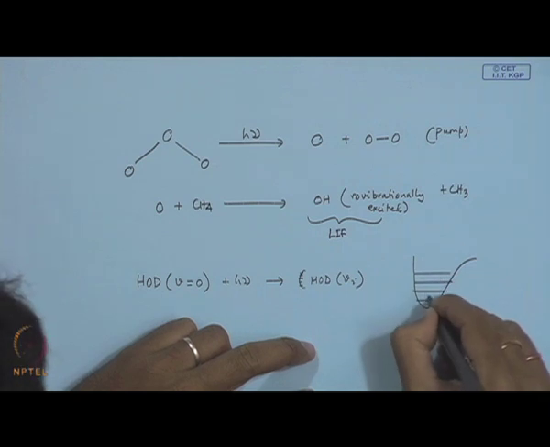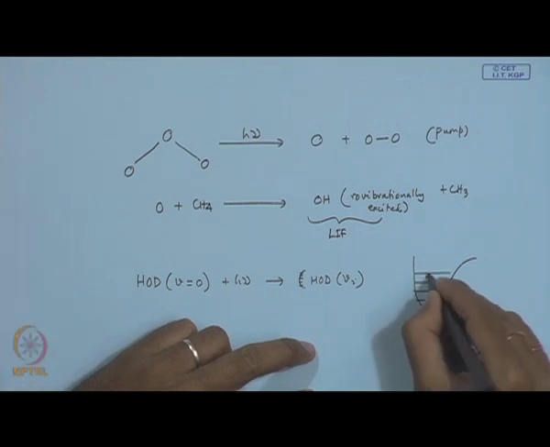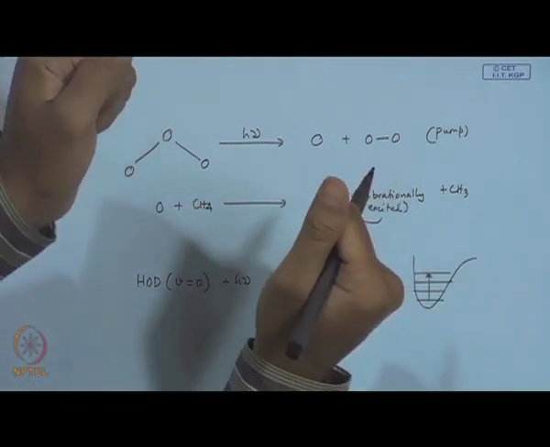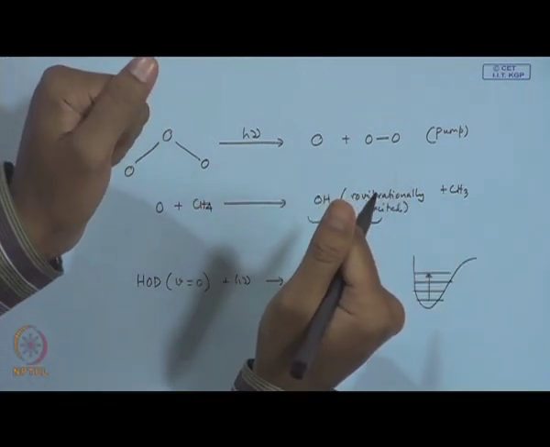There is a little residual motion, but when you excite with h nu, it goes to a higher level, where it may be doing some motions, maybe symmetric or antisymmetric. This vibration could be of different types depending on which mode you are looking into.